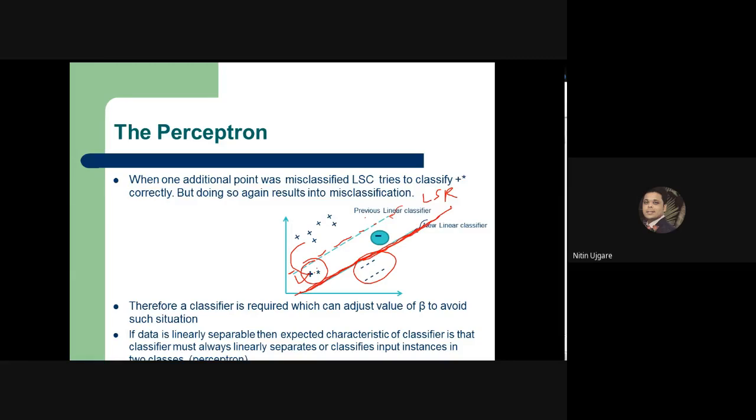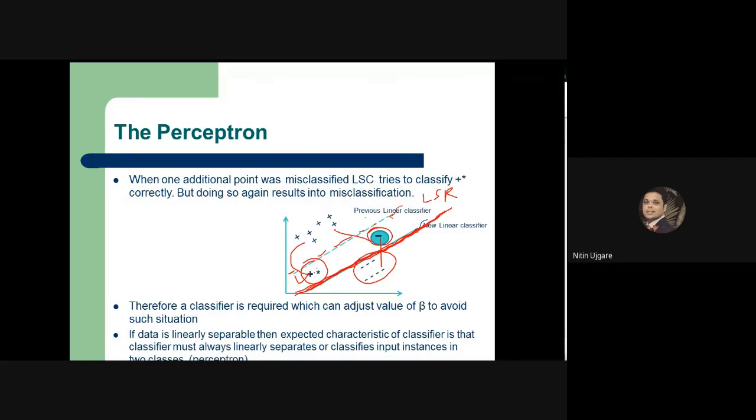Now, if I introduce one more point here, then this least square classifier will misclassify this point. Physically, when you look at this point, we can say that it actually belongs to the negative class, but this newly constructed LSR decision boundary classifies this point to the positive class. So again, this newly constructed least square decision boundary results in a misclassification.